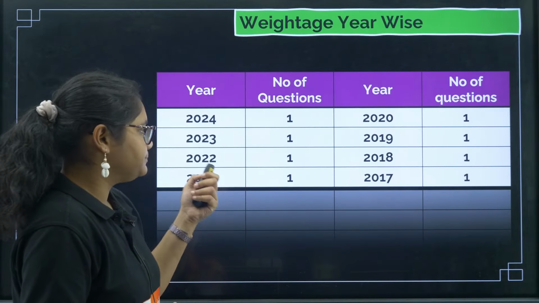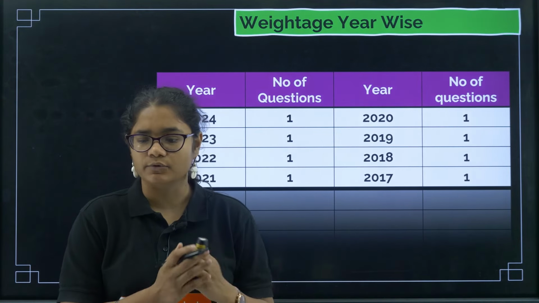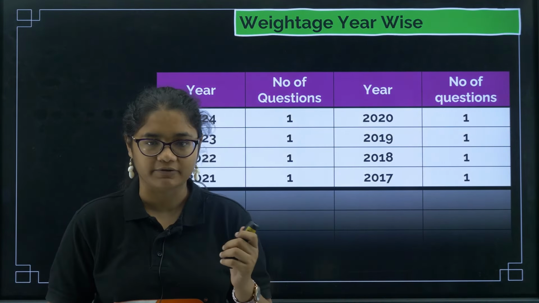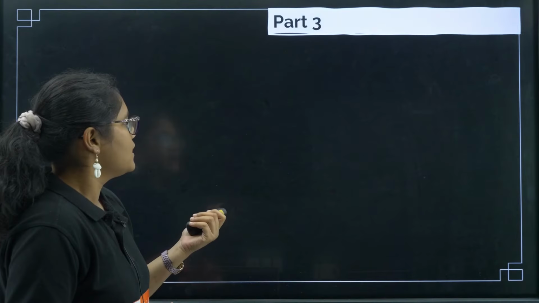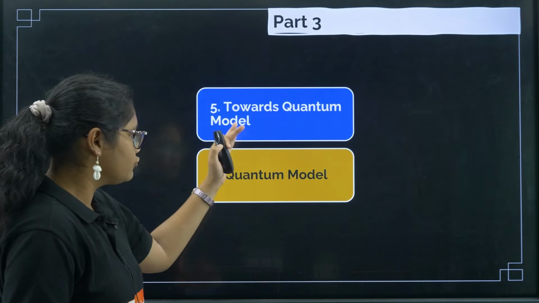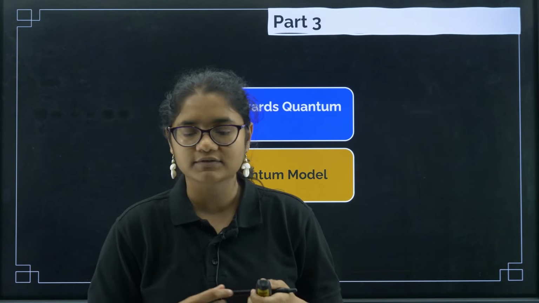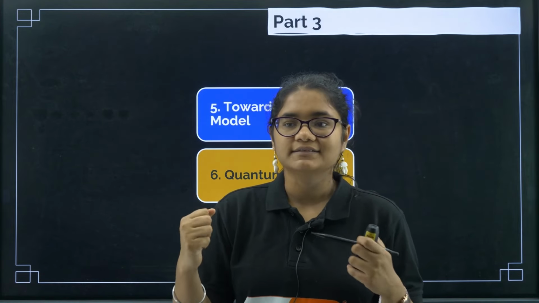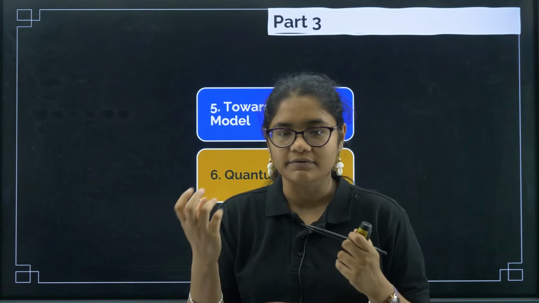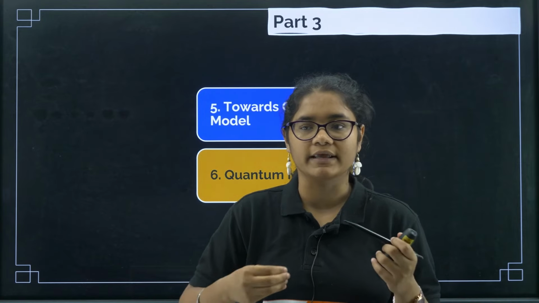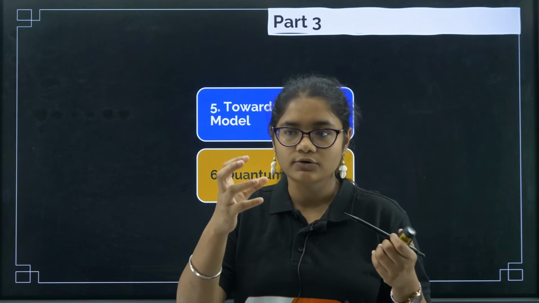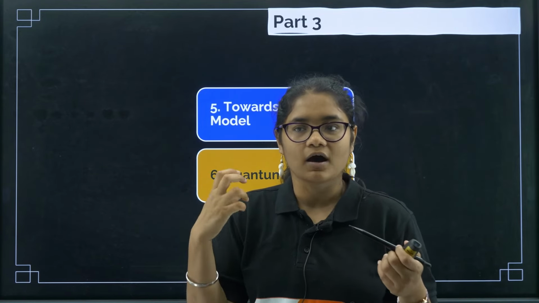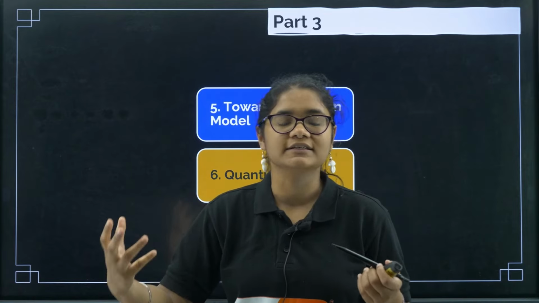Now year wise weightage: every year one question you can expect from this particular chapter. Now, towards quantum mechanical model. What do you mean by this phrase, towards quantum model? As you see in Bohr's model, there were some developments before Bohr gave his model, and he took conclusions from these and then proposed his atomic model.